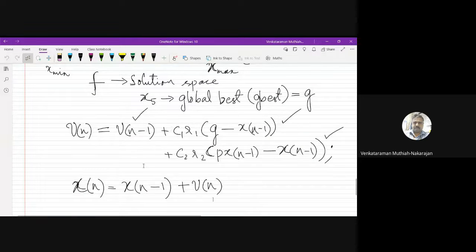This is what I put here: V of n minus 1, C1 R1, where C1 and C2 are acceleration coefficients, and R1 and R2 are random numbers.